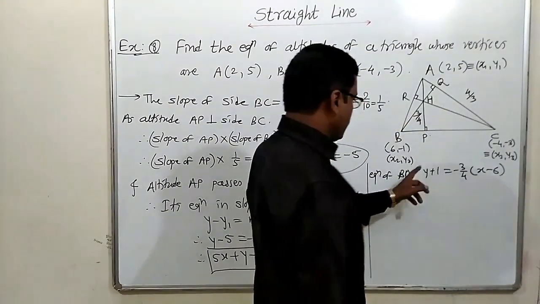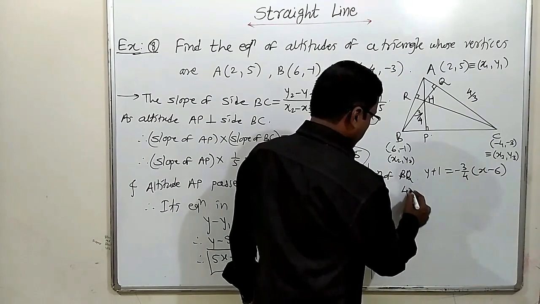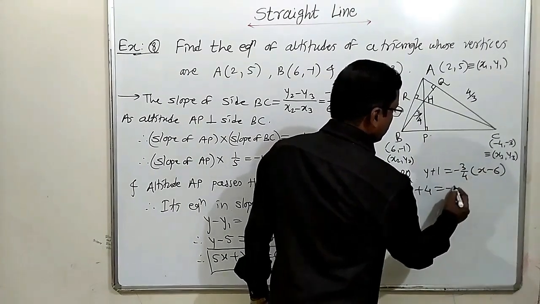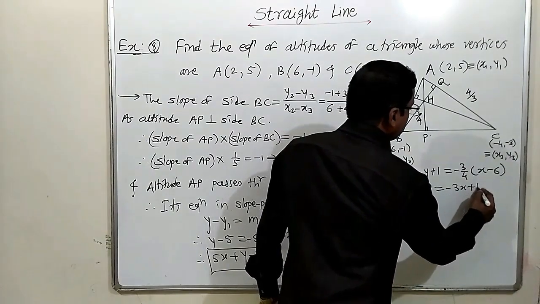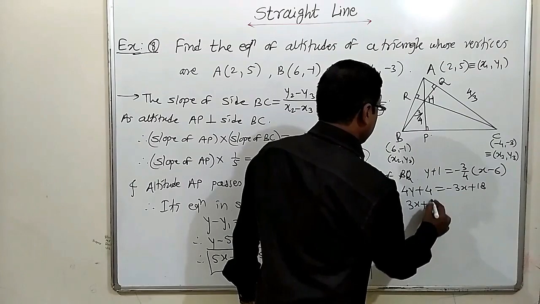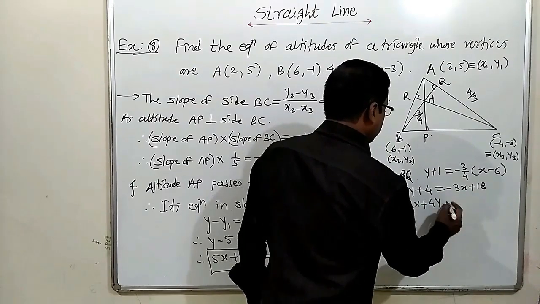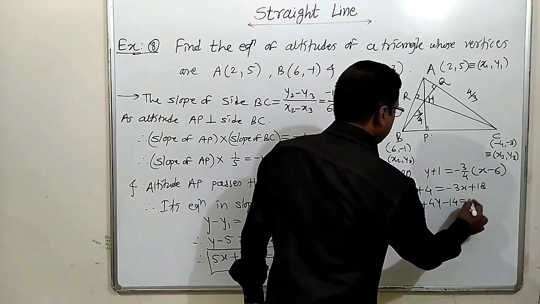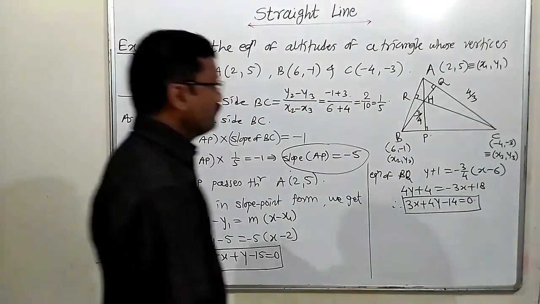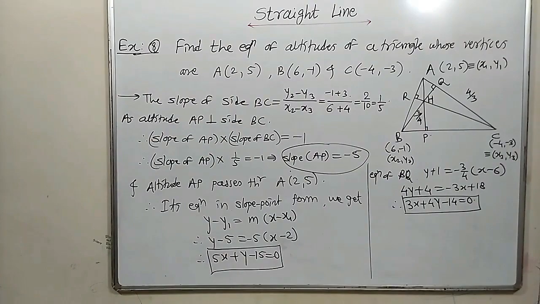Simplify this, multiply each term by 4, so you get 4y plus 4 equal to minus 3x plus 18. After simplification we get 3x plus 4y minus 14 equal to 0. So this is the equation of the second altitude BQ.